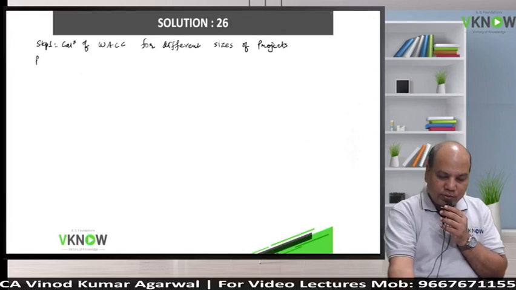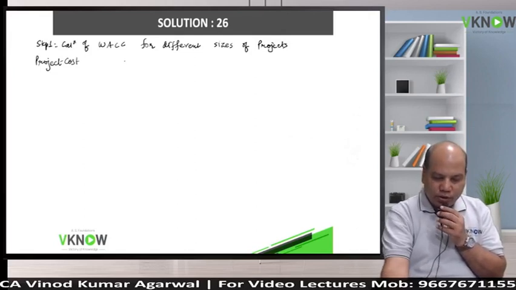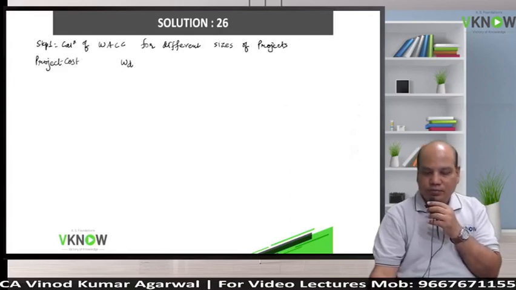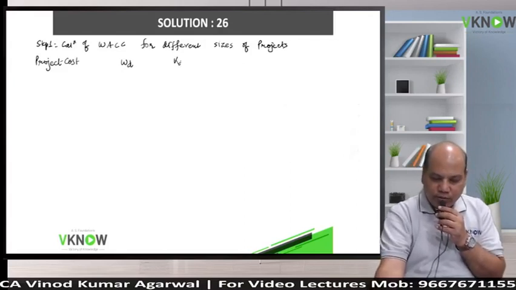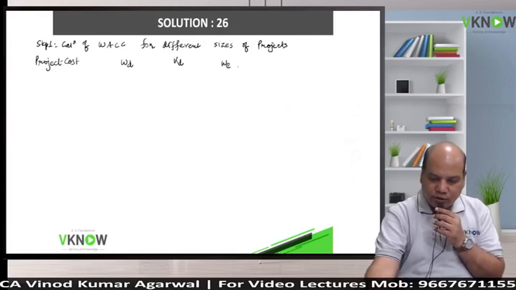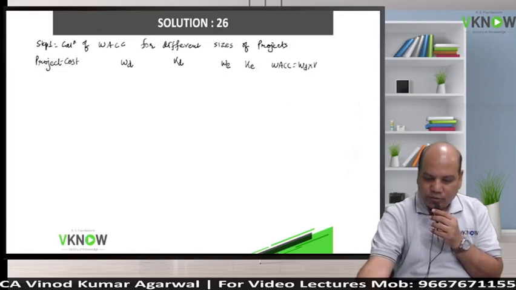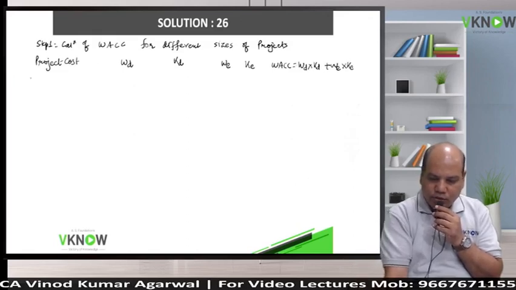So write down a table. This time the table format is different. Project cost, first column is copied from the question. Then you write down weight of debt. WD means weight of debt, and KD means cost of debt. Weight of equity, cost of equity. And WACC is equal to weight of debt into cost of debt plus weight of equity into cost of equity.